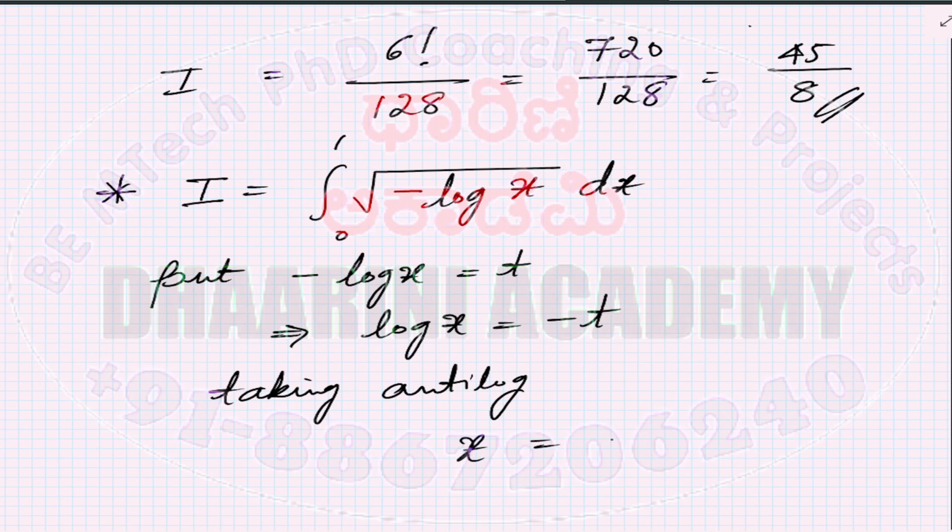This is x. Anti-log is actually e to the power minus t. I got x. Now I can see that there is a dx. So what do you substitute for dx? dx is equal to the differentiation of e to the minus t, which is minus e to the power minus t into dt.